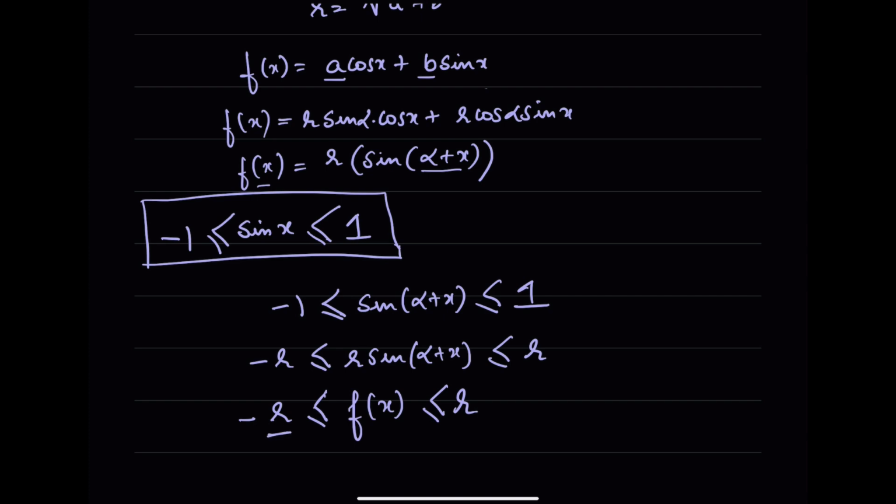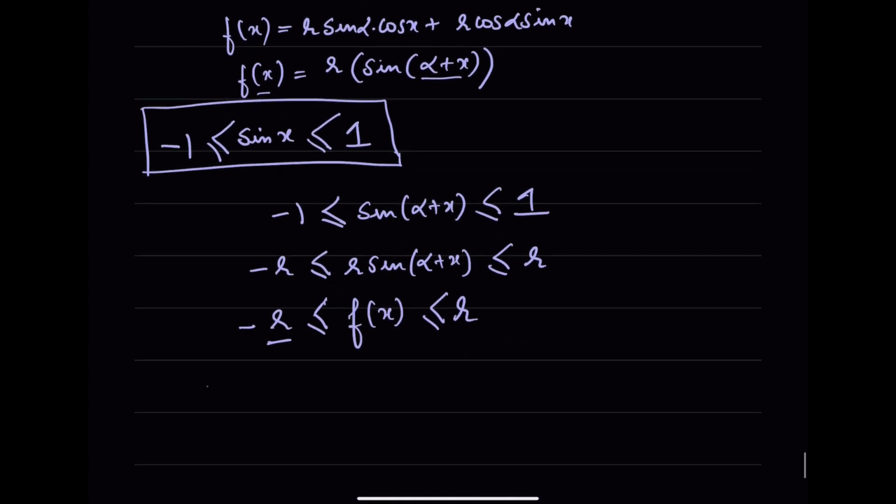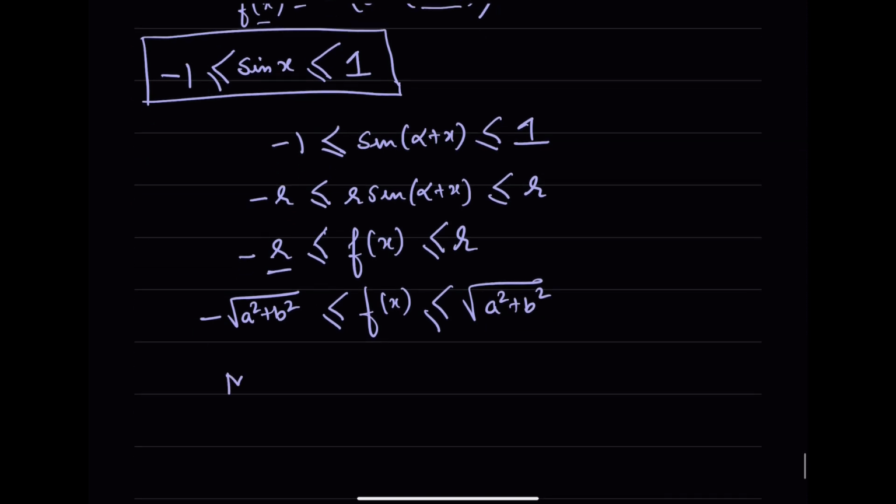Now what is the value of r we found out? It is the square root of a square plus b square. So f of x lies between minus square root of a square plus b square and square root of a square plus b square. So the max value is square root of a square plus b square and the minimum value is minus square root of a square plus b square.